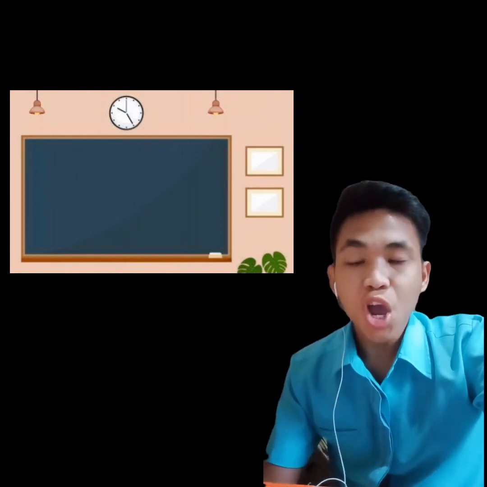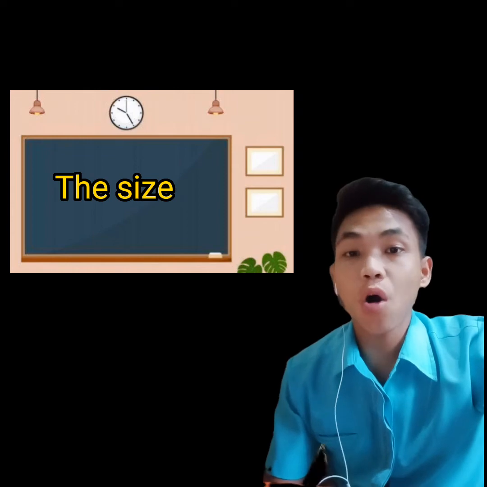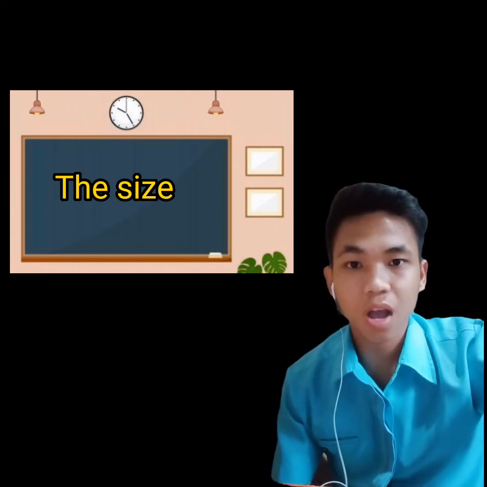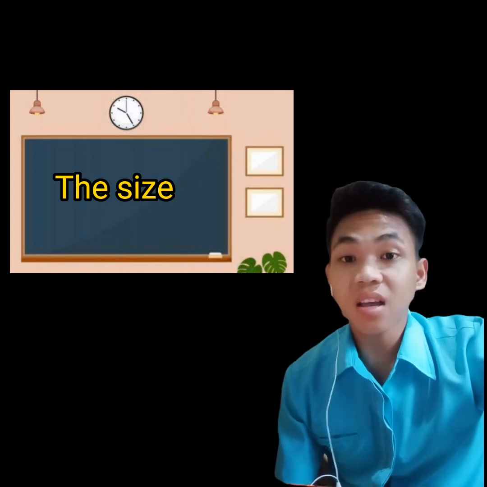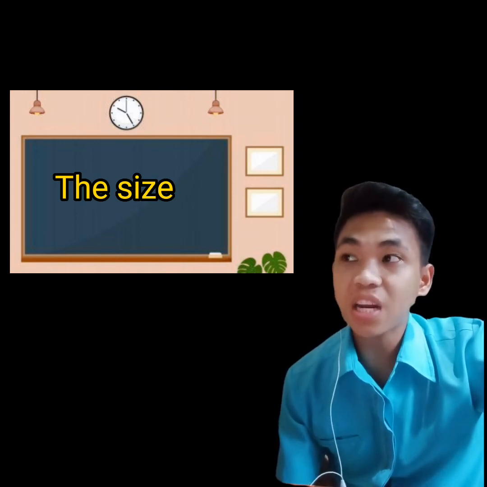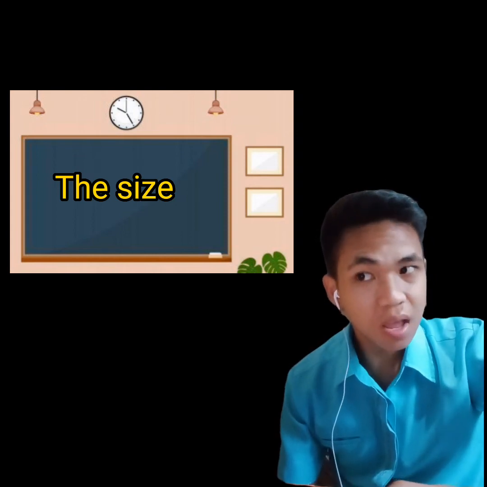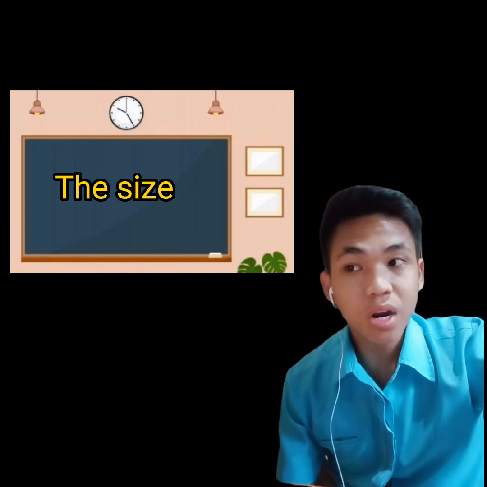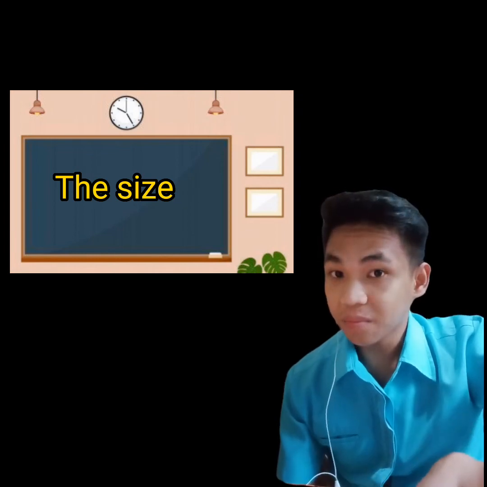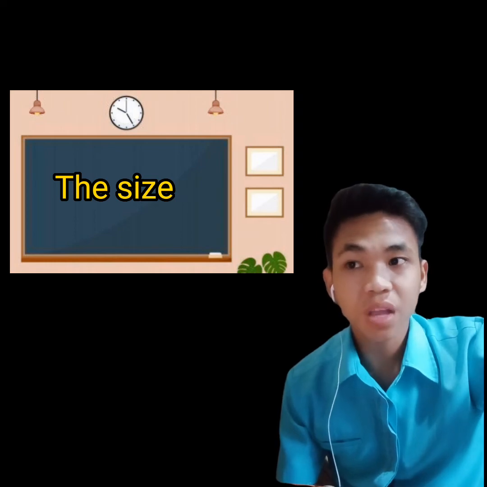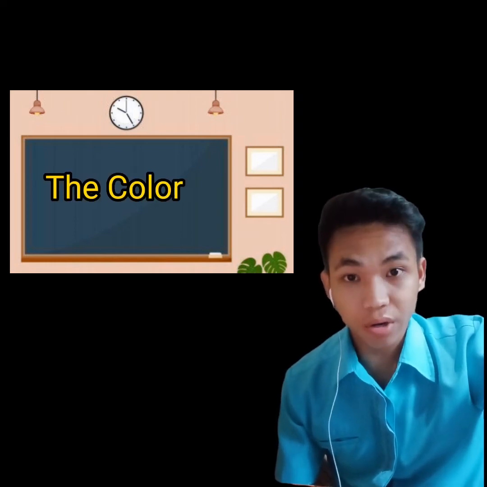Okay? So first characteristic of a good instructional material is the size. So it must be that the material is big enough to be seen by the farthest students in the classroom, and also you have to consider the font size as well as the font style to be used. Okay, next is the color.